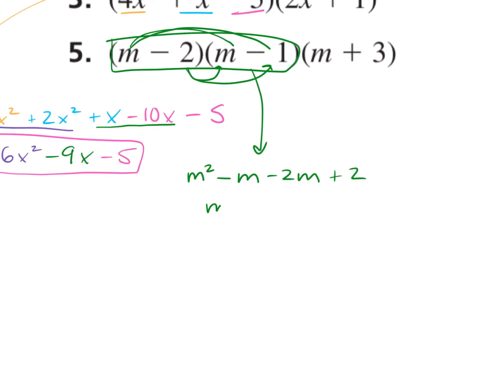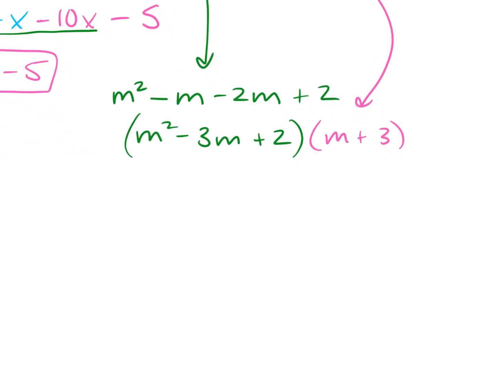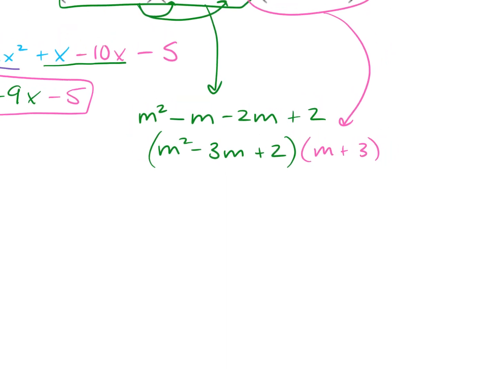What should I do next? Combine like terms. We get m squared minus 3m plus 2. What do we do next? Multiply the third one. So we have m plus 3. Now we just multiply this out.